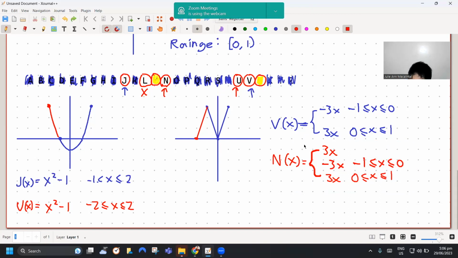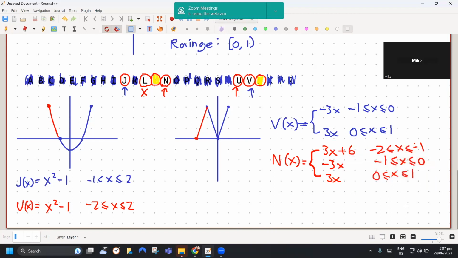It will intercept in X. Or negative 2, X, negative 1. Check lang natin. So, negative 1 times negative 3, that's going to be 3. Negative 3 plus 6, that's going to be 3. Magana siya dyan. And then, pag negative 2, okay.